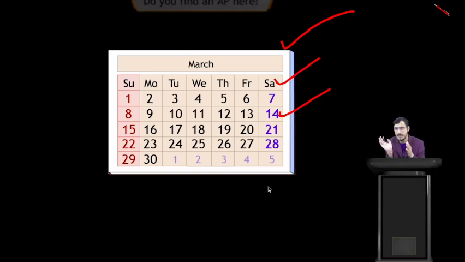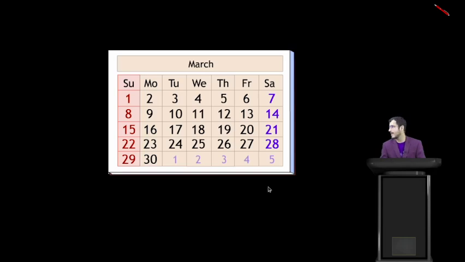So in AP the common difference can be positive, can be negative or 0. Okay, so remember always.